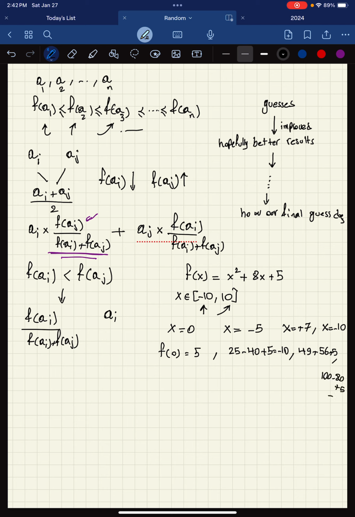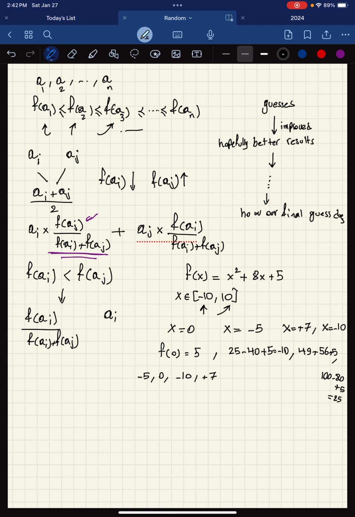As you can see here, the best result that we got from these 4 guesses is the one for minus 5, which then we can sort these numbers based on the results that they get. So minus 5 comes first, then 0, then minus 10, and then at the end plus 7.